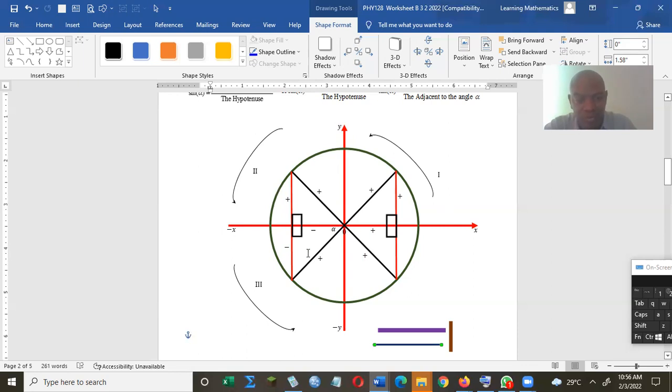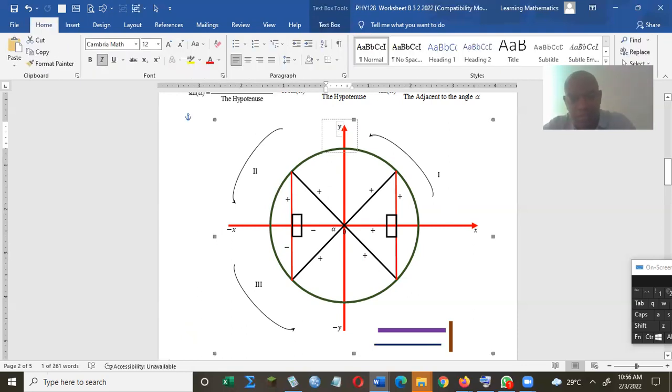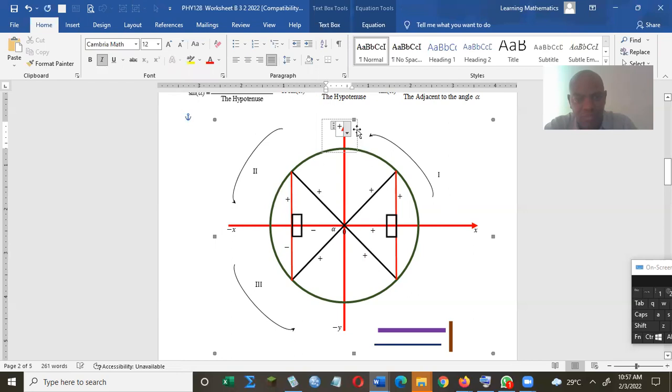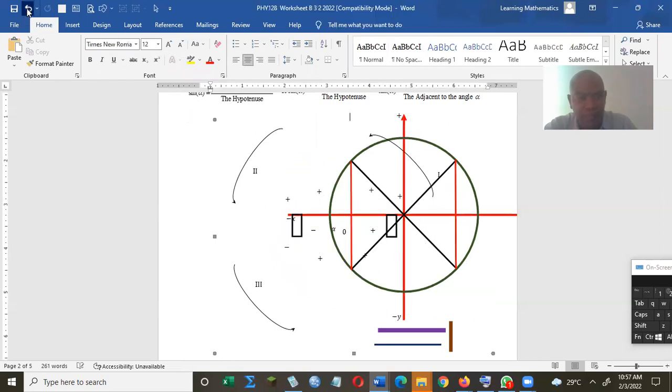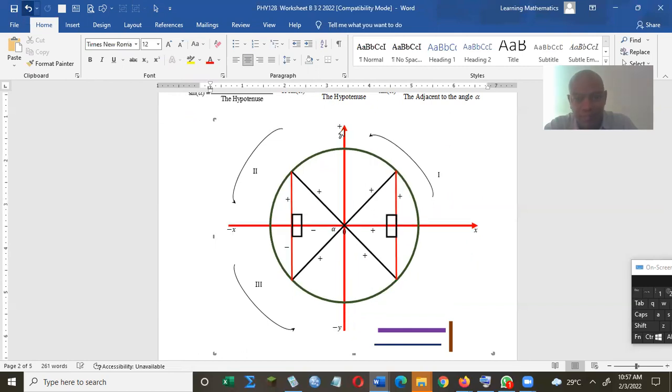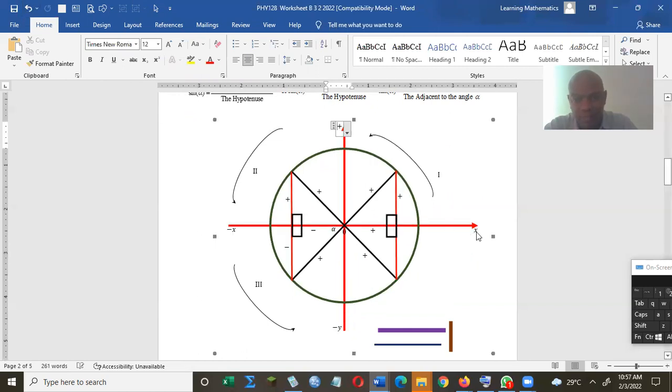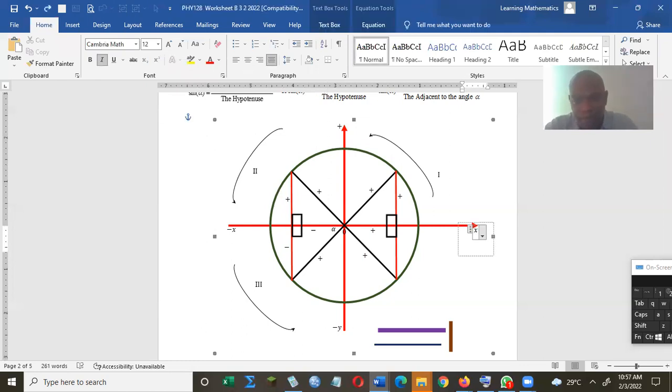Above the horizontal number line is the positive side of the y-axis. If we don't see a sign, then it's positive. And on the right side, x is positive.